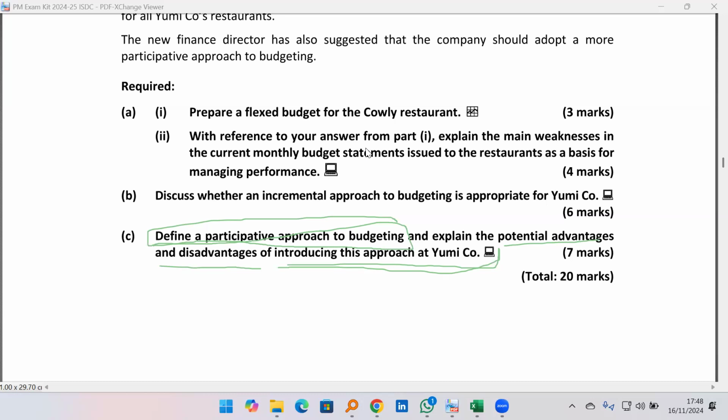Or you can say, based on Yumiko's goal to reduce costs, it is not appropriate because it is going to encourage inefficiencies to be carried forward. And either of those two would be correct.